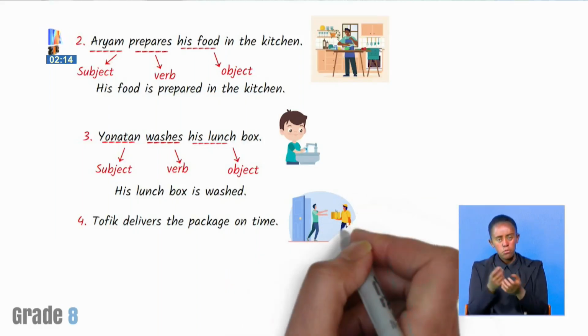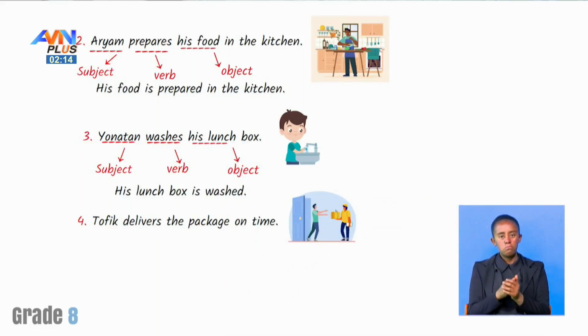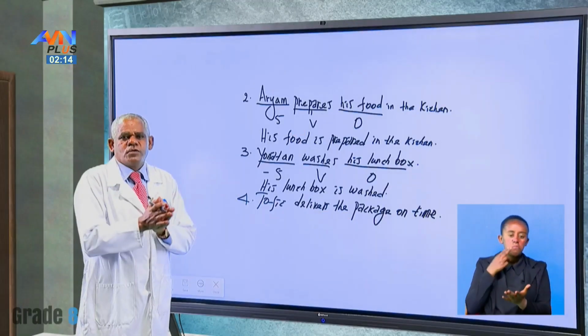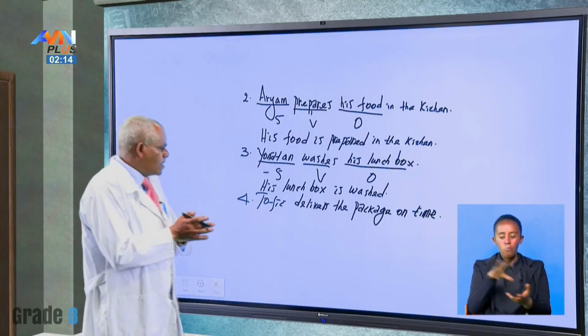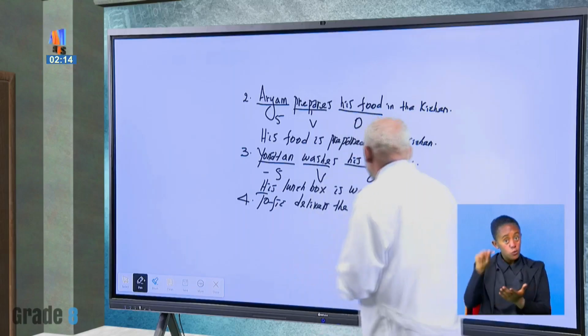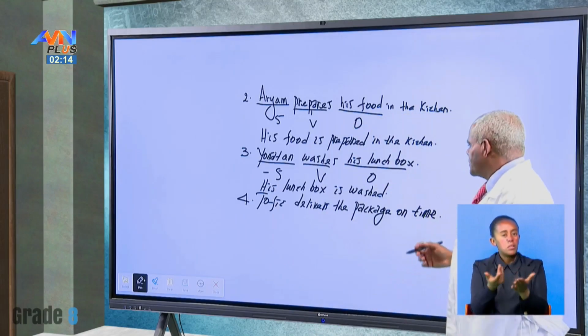The package is a kind of product, different kinds of items, in order to dispatch to shops. So Tawfiq delivers the package on time.